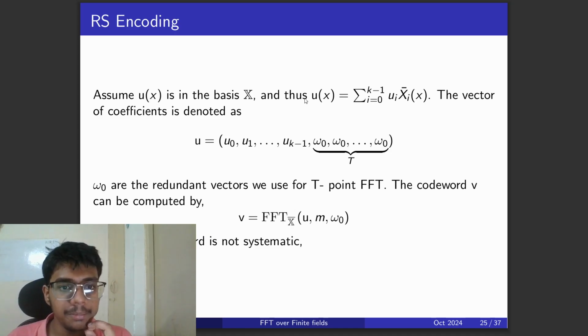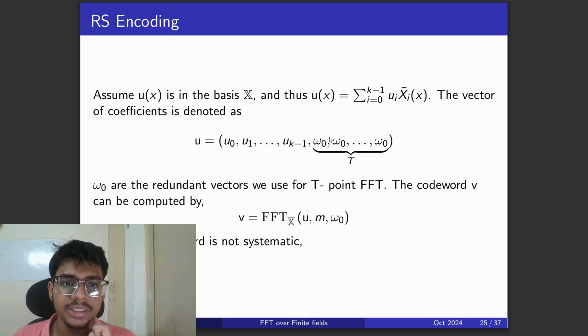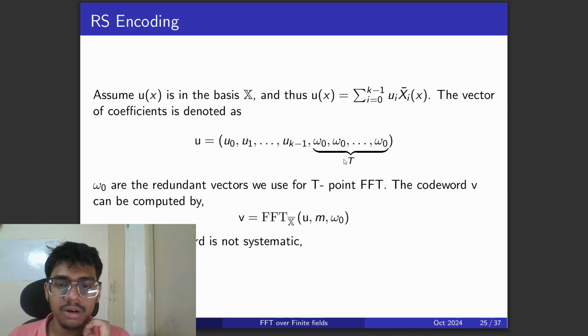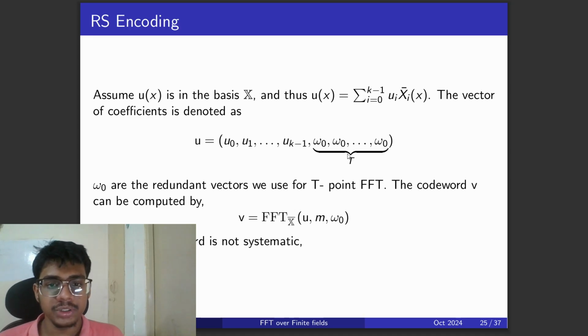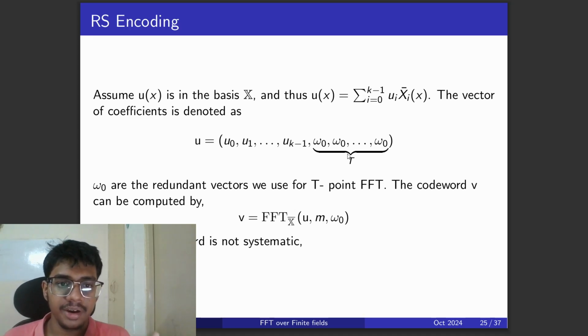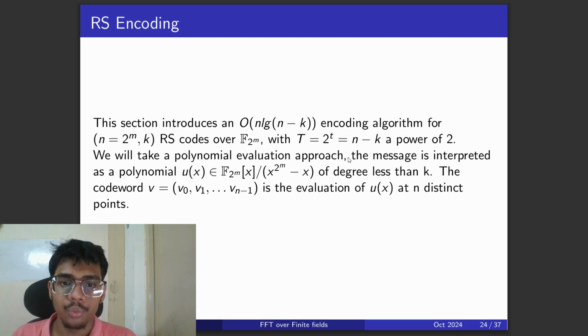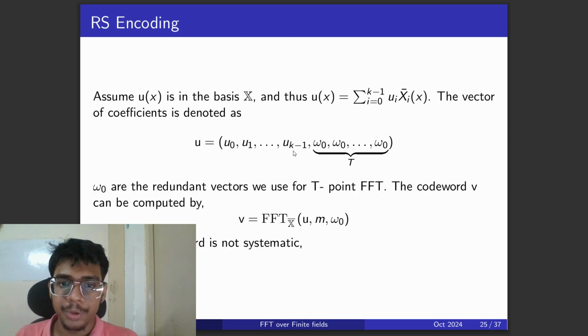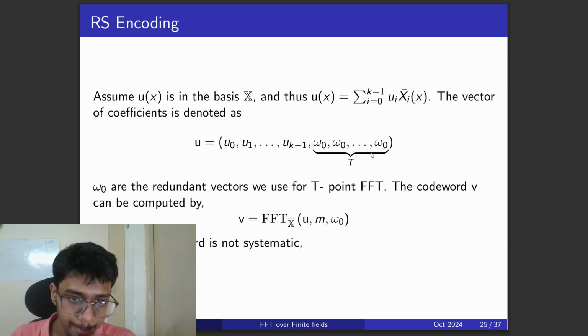So we have this message from u0 to uk minus 1. These k symbols are the message, and this t length is our redundant part. We are talking here about general fields, but if we supposedly have m equal to 1, then these would be just bits.